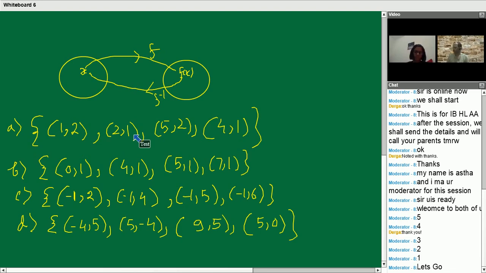So which of these, you can see that these represent ordered pairs. Can it be a function, like A, B, C, D? A and B can be functions, but not C and D. Okay. Can you tell me the reason why A and B can be functions?